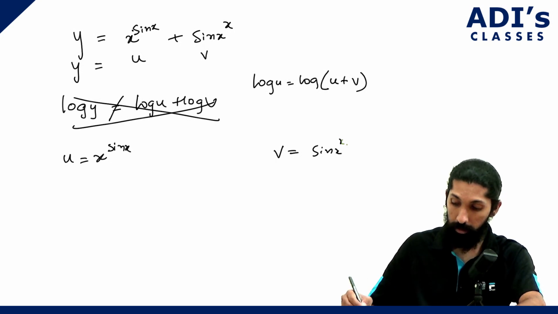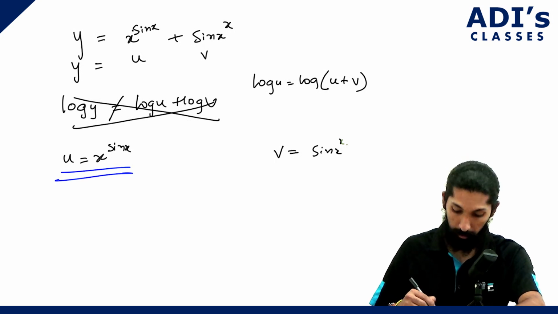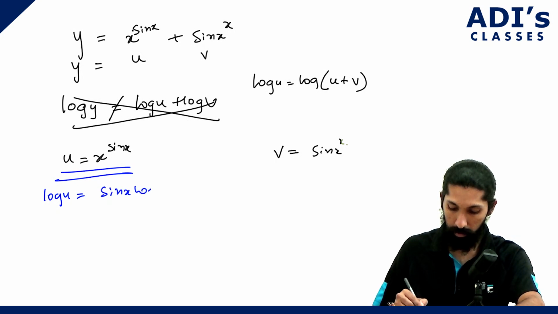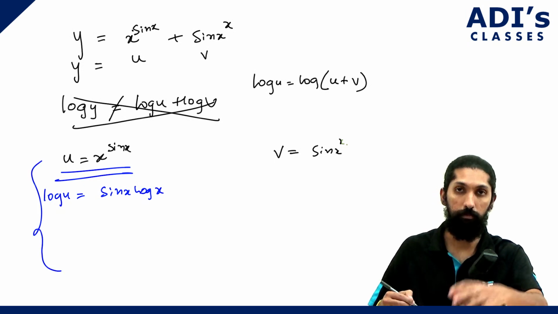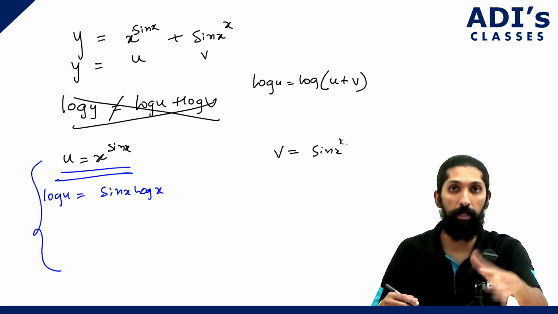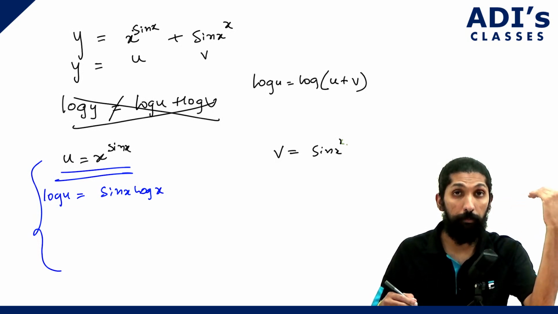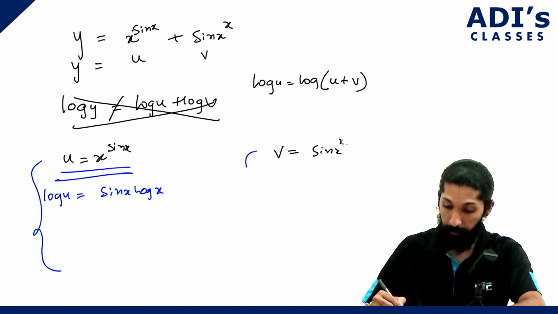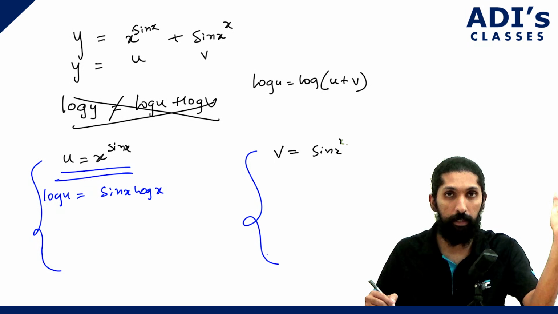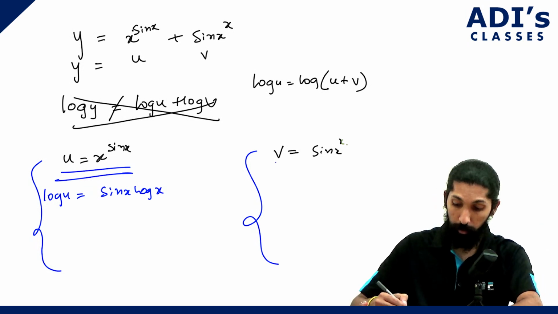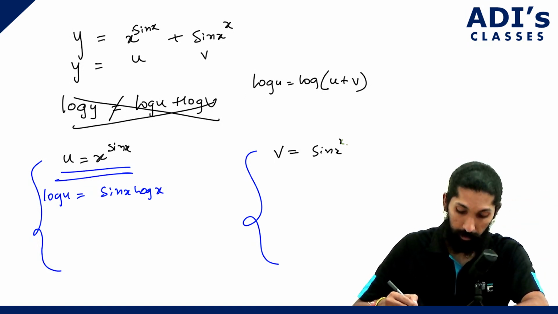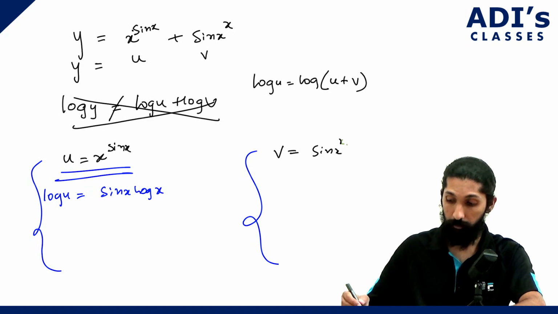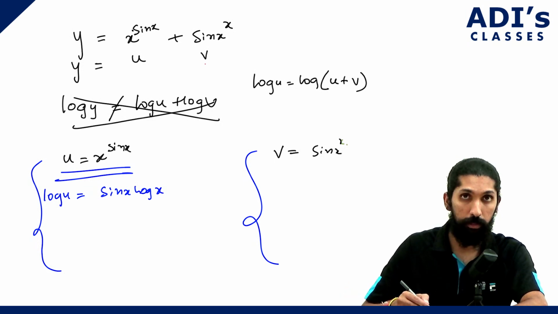Now, differentiate u separately: log of u is sin x into log x. You would have separately calculated this, and then separately calculated the value of v. Finally, once you get u dash and v dash, look at the question: y is equal to u plus v.